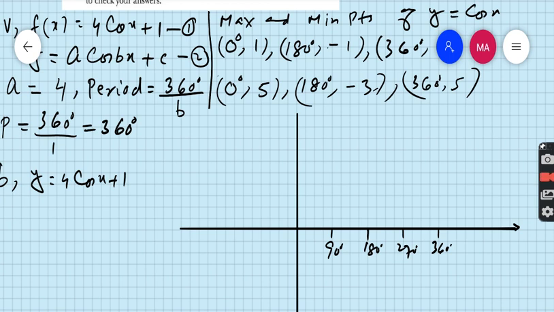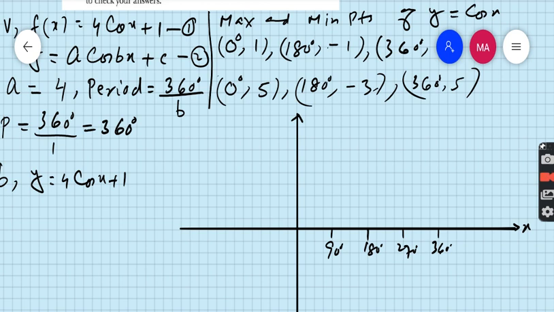This is very easy as compared to drawing a graph of y is equals to 4 cos x plus 1. Just draw the graph of y is equals to cos x first.